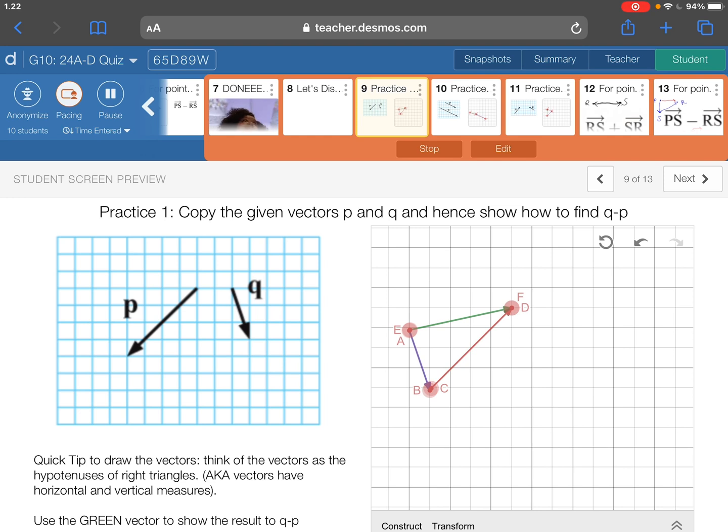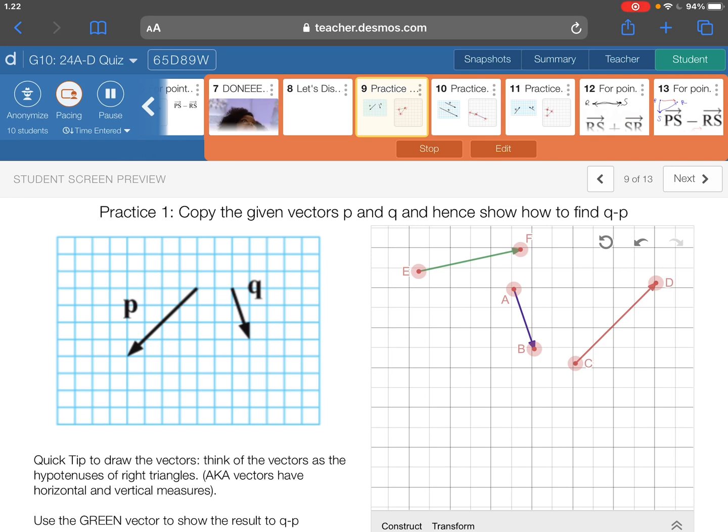So someone asked, I remember someone asking, what if we do negative P plus Q? Would that be the same? So let's find out. Right now, I'm not moving anything. I'm just moving the vectors up and down, left to right, but I'm not changing the magnitude, nor am I changing the direction here.